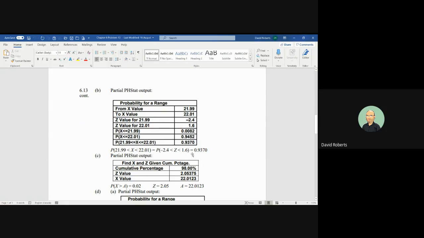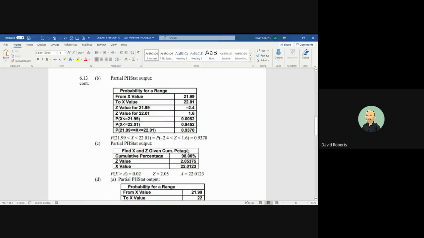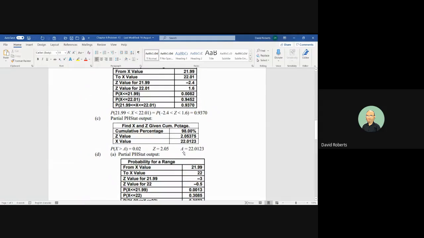In part C, you want to increase your quality from 93.7% to 98%. So the Z value at 98% is 2.05375.